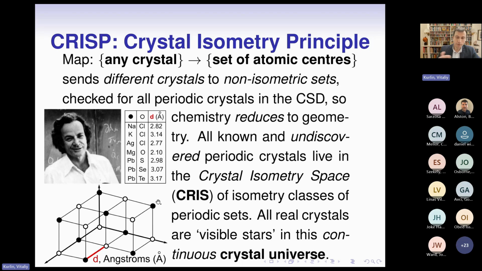Here I include the photo of Richard Feynman because this picture and this table were redrawn from his first lecture on physics, atoms in motion, with very simple examples. 7 cubic crystals, all different when compared purely geometrically. This was an inspiration for us to state it as a crystal isometry principle: different chemistry means different geometry.